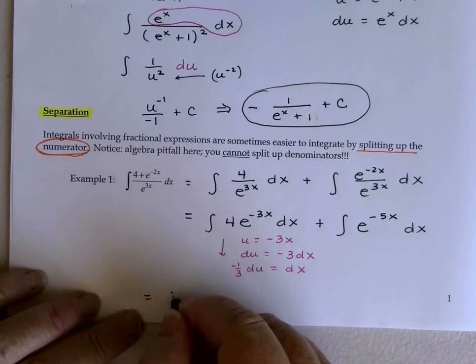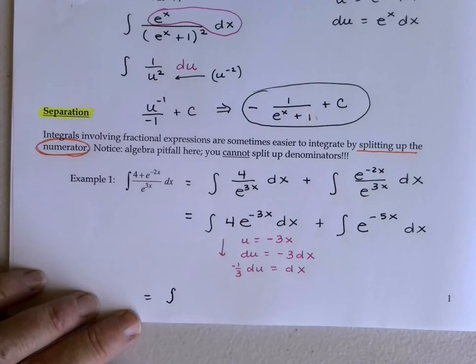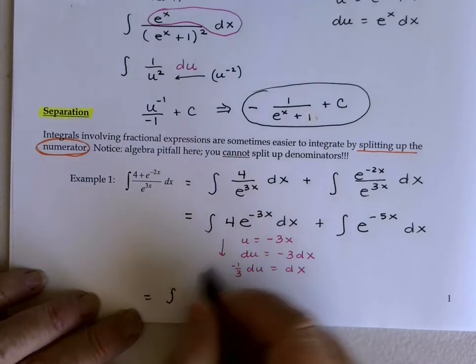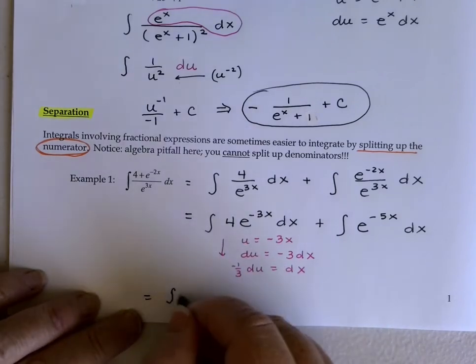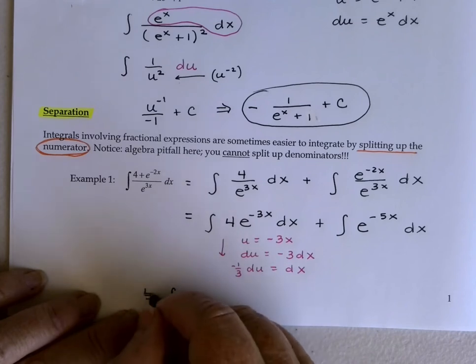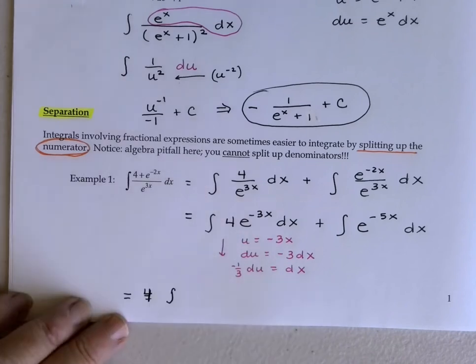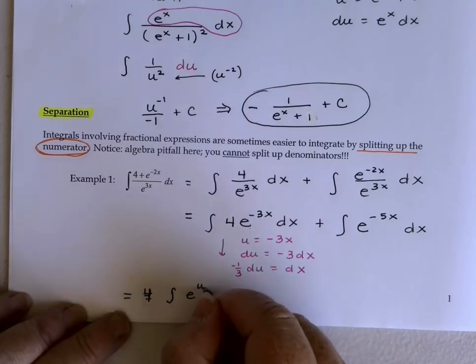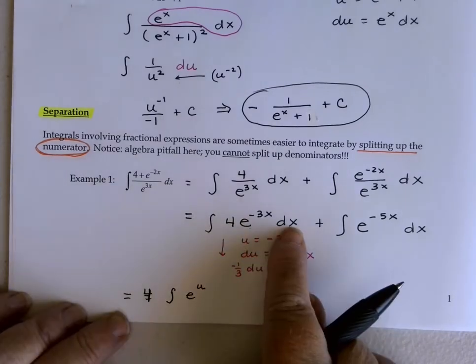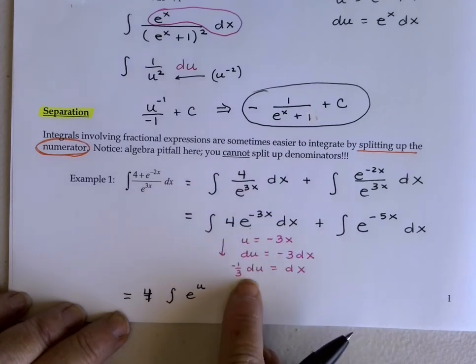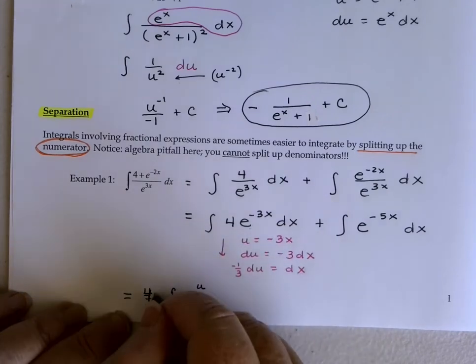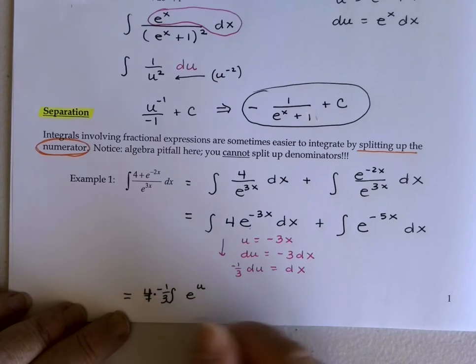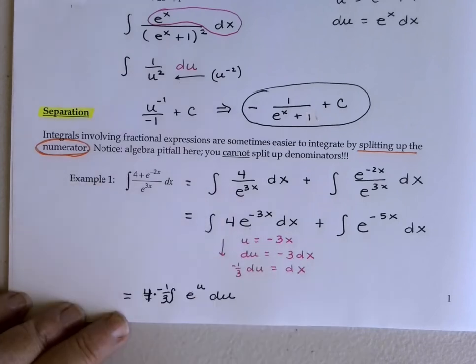So I'm going to have the integral of, let's see, I'm going to pull the 4 out in front. And then I've got e to the u. And then I'm going to replace the dx with negative 1/3 du. Negative 1/3 I'll pull out in front, put the du in here.